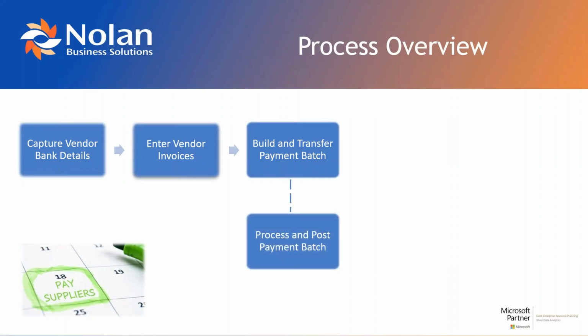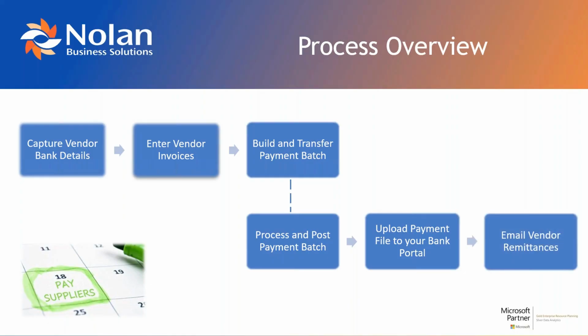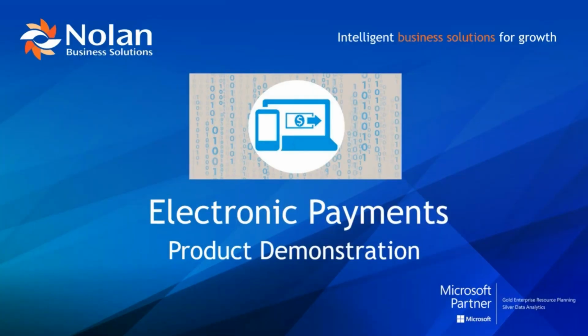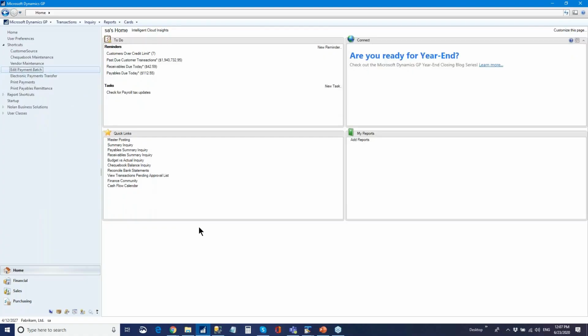At the time of creating vendor payments, you proceed with building and transferring a payment batch so that we can create a subset of a payment batch that will be paid electronically. We proceed with processing and posting the payment batch, which will automatically generate the electronic payment file that can then be uploaded to your bank portal. If desired, one can proceed with the standard GP email vendor remittance process as a post-payment process as well.